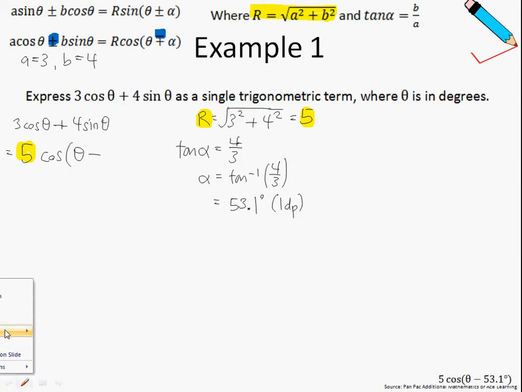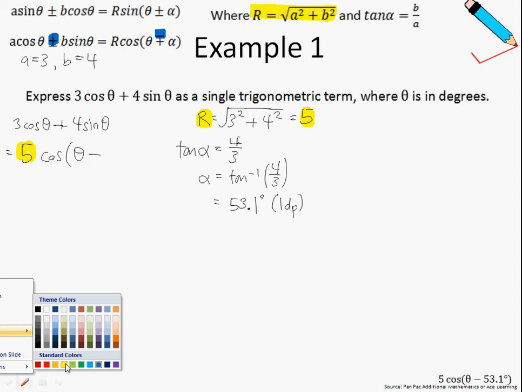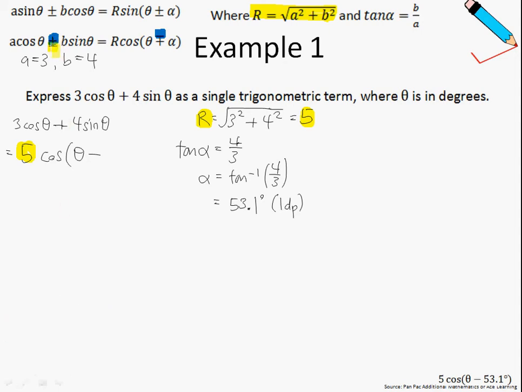On the other hand, if I have a minus over here, it will correspond to a plus sign over here. This is sort of similar to the way we interpreted our addition formulae previously. So this should be theta minus alpha, and we solve for alpha to be 53.1 degrees. And this lands me with this.